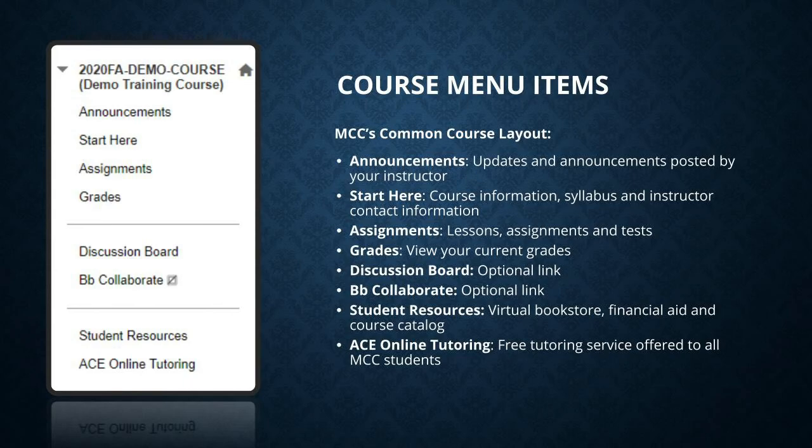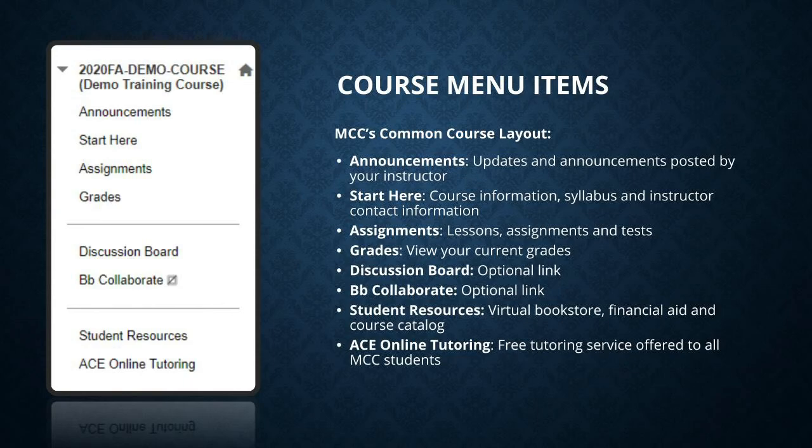So a little bit about the course menu items. You will see these things in all of your courses. That's because MCC has something called a common course layout. The top 4 items will be in every single course that you're taking here at MCC online. You have the announcement section, which is of course updates and announcements from your instructor.